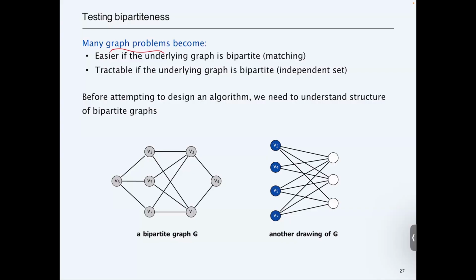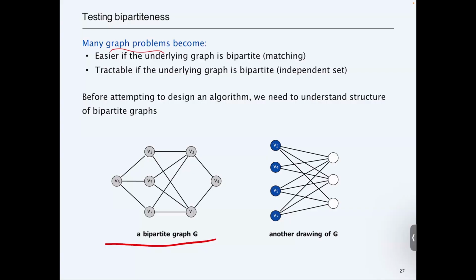So the example graph that you see on the left here is a bipartite graph. But how we're viewing it, it doesn't look like a bipartite graph because visually it's just messy. The nodes are scattered around, and the structure is very hard to see. It wouldn't be obvious that this is a bipartite graph.